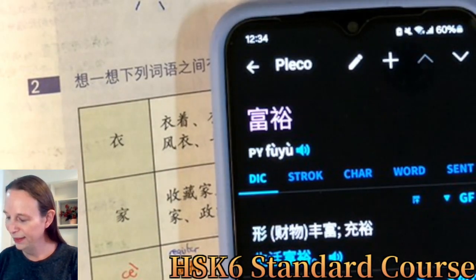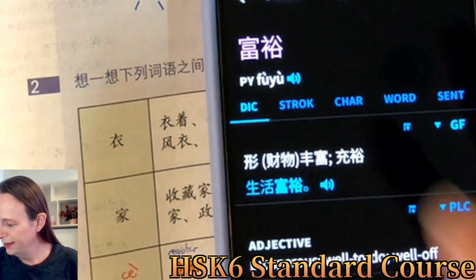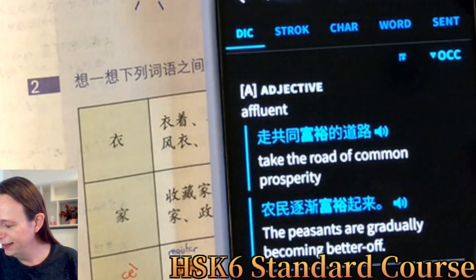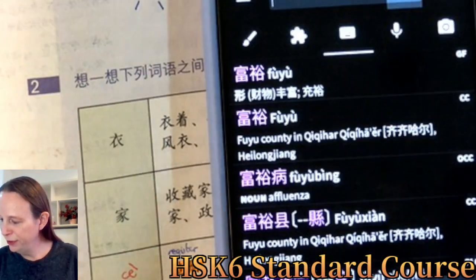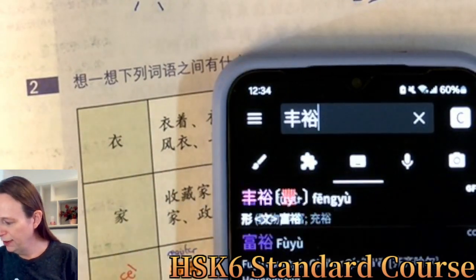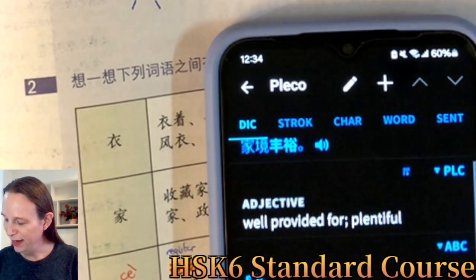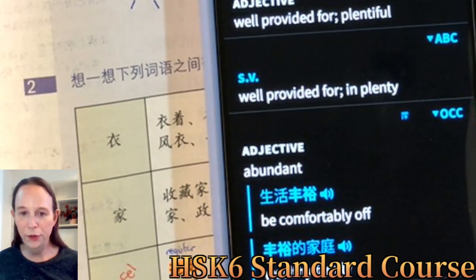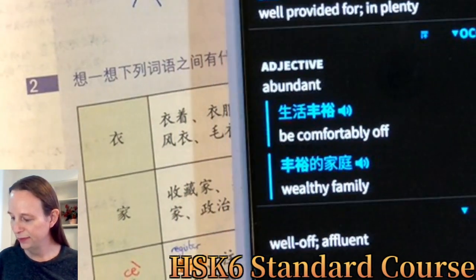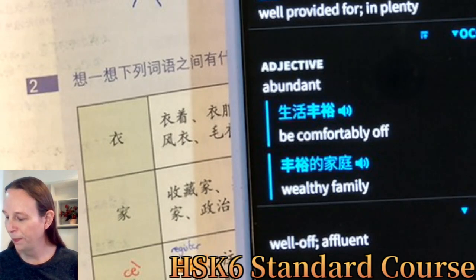富裕. Okay. 财务丰富充裕, well-to-do. Adjective meaning affluent. Okay. And this one, 丰裕. 丰裕 is an adjective meaning 富裕, abundant. 生活丰裕，丰裕的家庭。So this is like wealthy, like comfortably well off kind of thing.